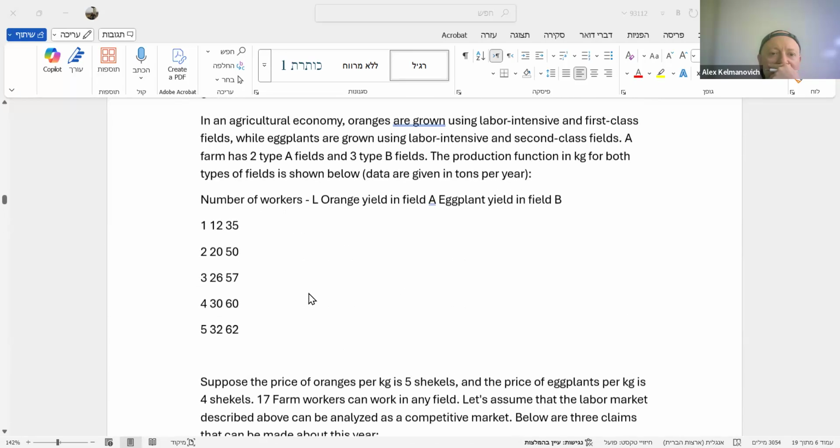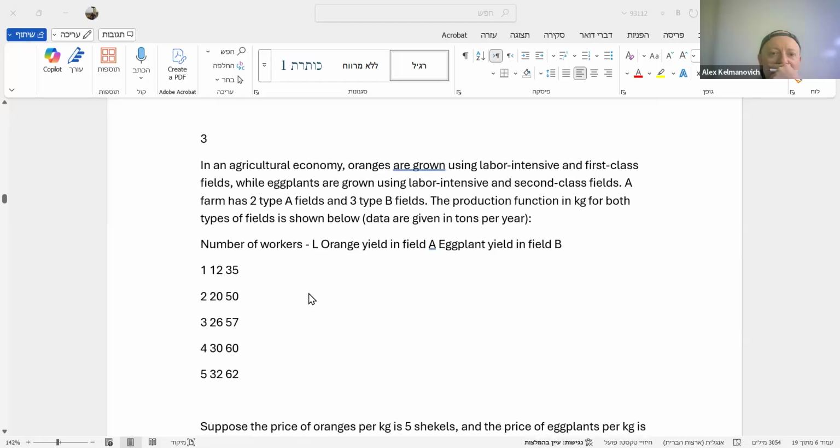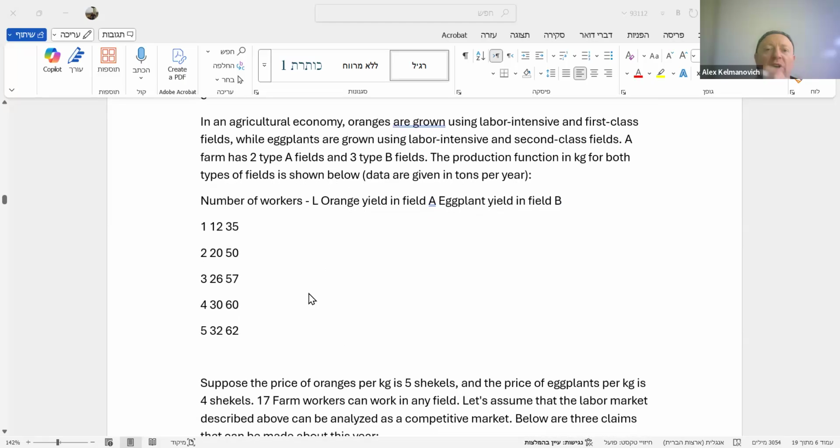Okay, here we have two products. In fields A we have oranges and in fields B we have eggplants, right?